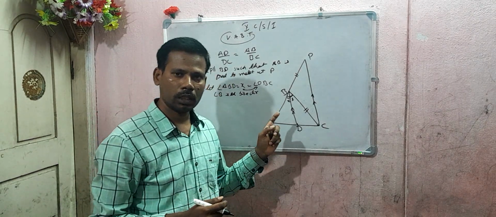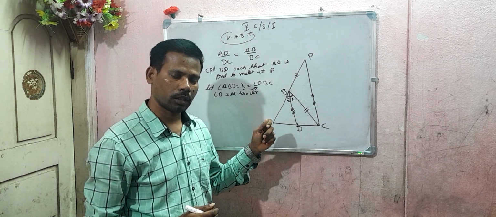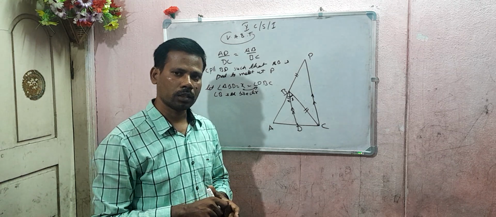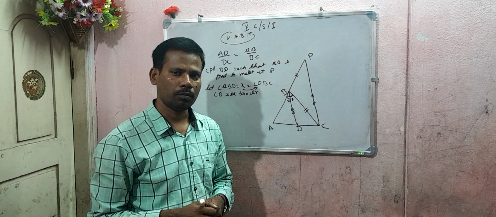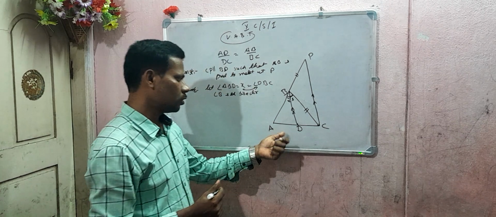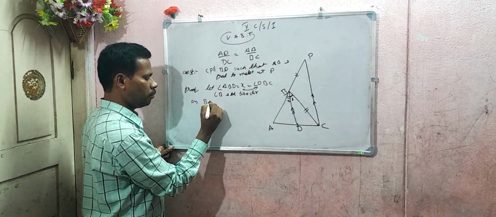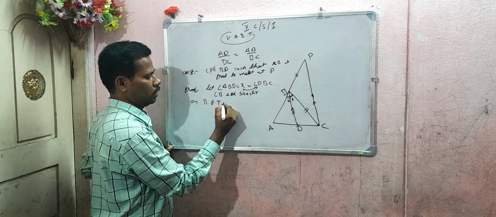In similar triangles, first we have proved the basic proportionality theorem and its converse. Geometry is the easiest subject, provided you know the basics of the previous classes perfectly. So now I am applying BPT, the basic proportionality theorem.